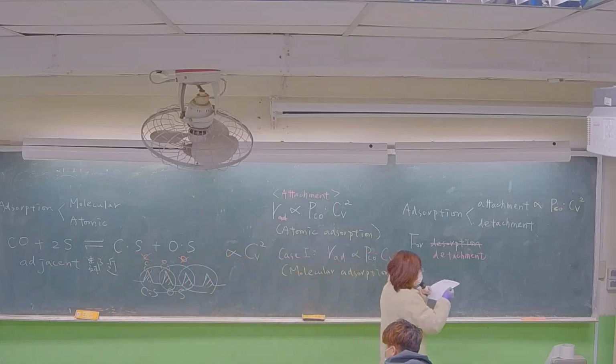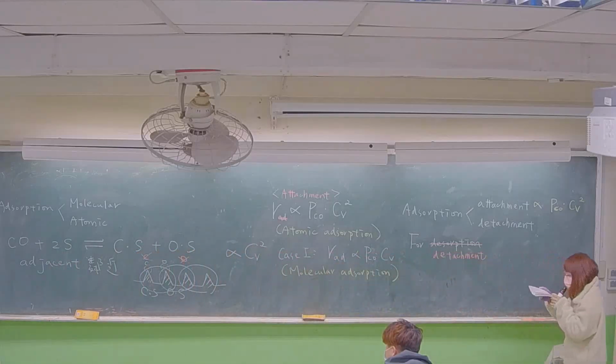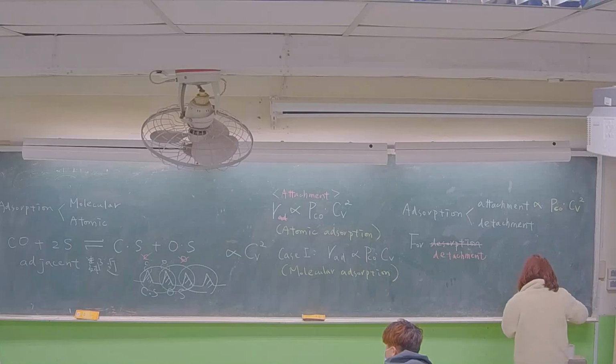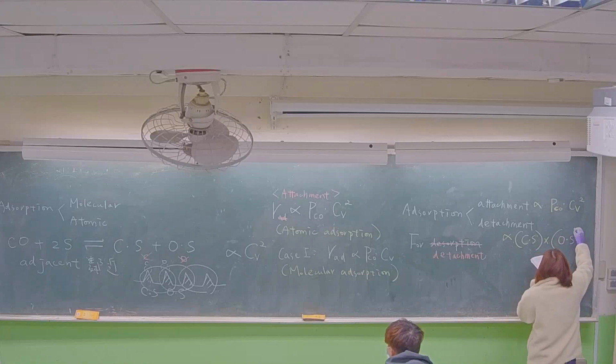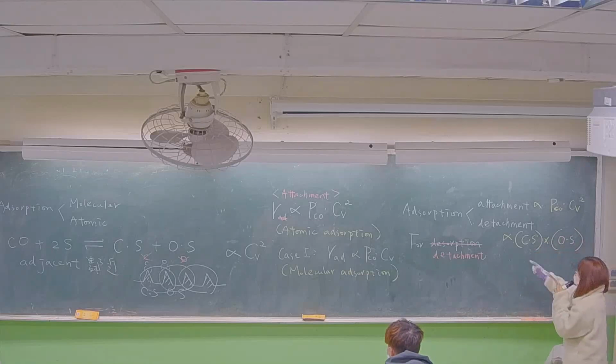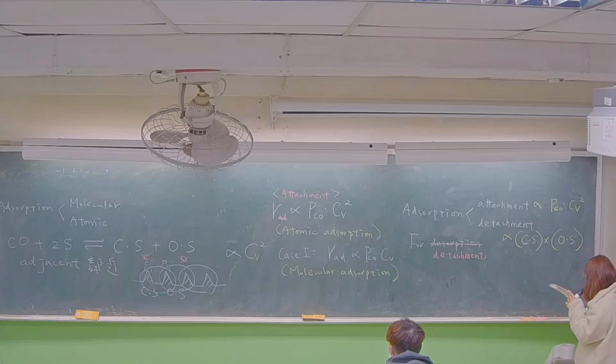So the detachment rate is proportional to the product of the occupied site concentrations, the concentration of CS multiplied by the concentration of OS.